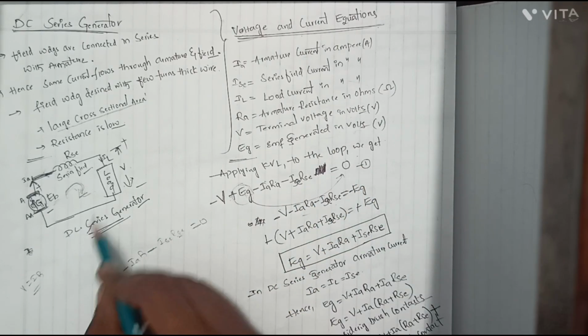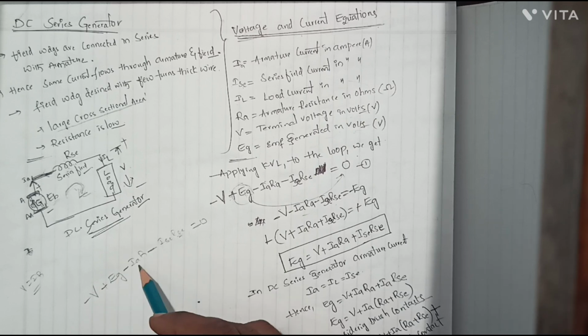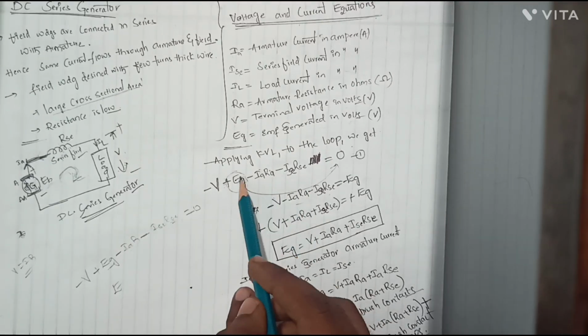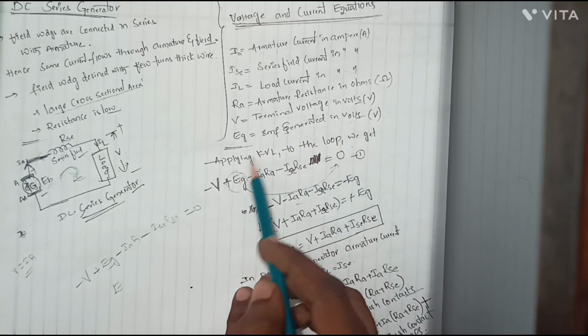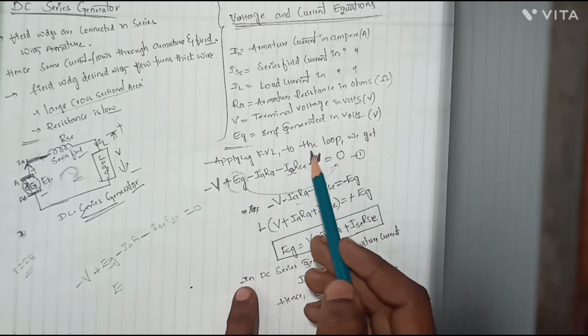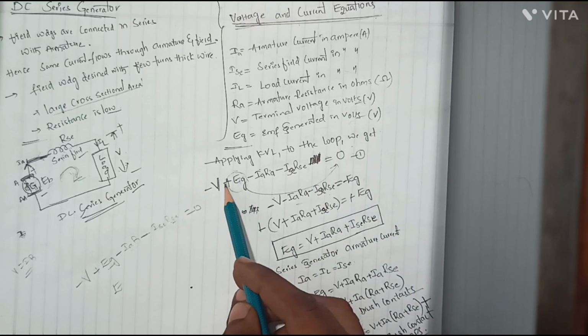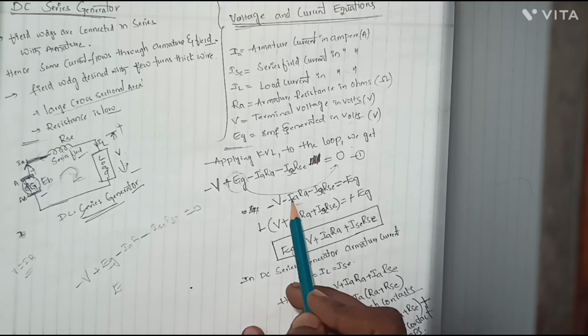The terminal voltage direction is also considered: voltage is on one side and current into resistance is on the other. Now we need the generated EMF, Eg. Since we want Eg on the left-hand side, we move the right-hand side terms across, and the negative sign becomes positive and vice versa. Eg is positive, and the others become minus: minus V, minus Ia Ra, minus Isc Rsc.